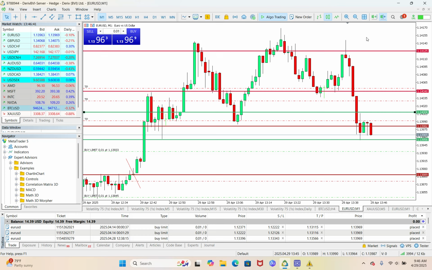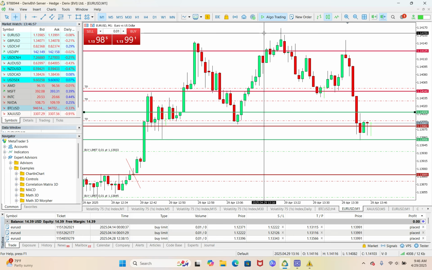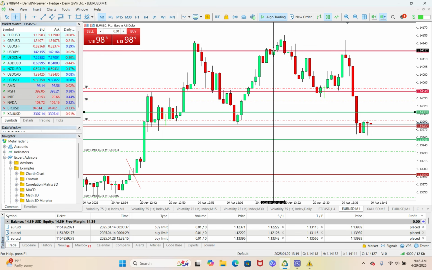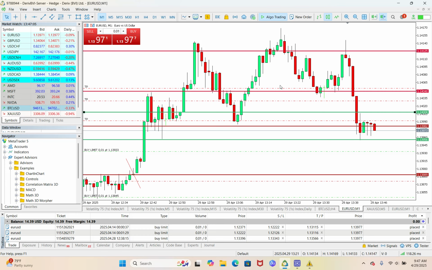And that trade would risk maybe about, from here to here, 123, 170, right? About 50 pip to make $1, 1 to 2 risk. Not bad. This would have been a winning trade.